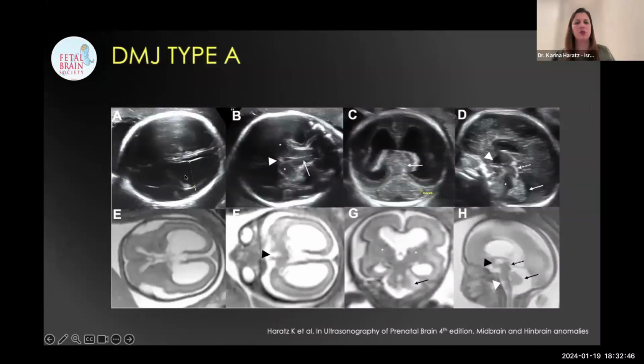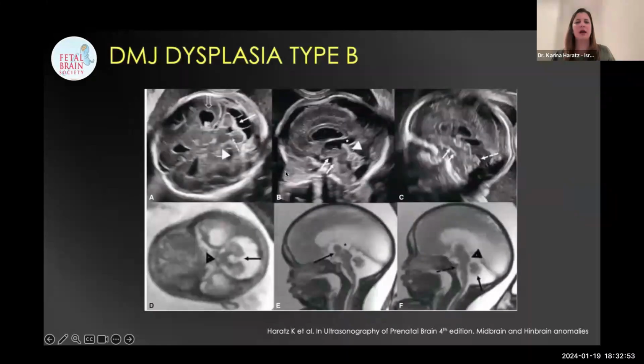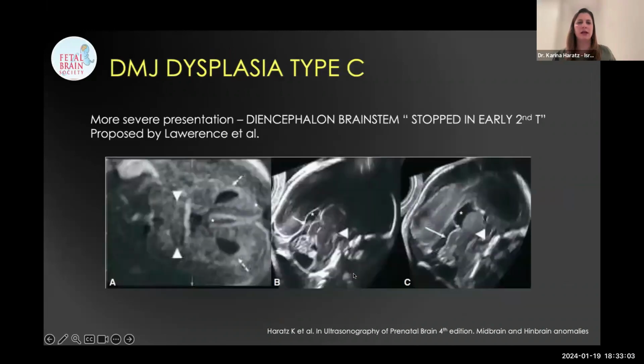And here we can show the features either using ultrasound with the butterfly sign, or using MRI. And here we see the strings of fusion between the diencephalic, the massa intermedia, and the midbrain structures in type B. And this is the classic severe phenotype that we see early in pregnancy in L1-CAM fetuses.